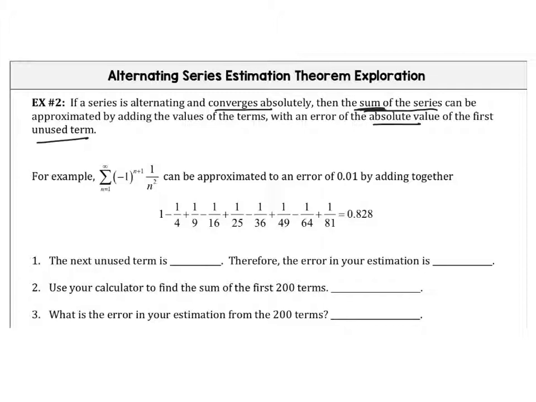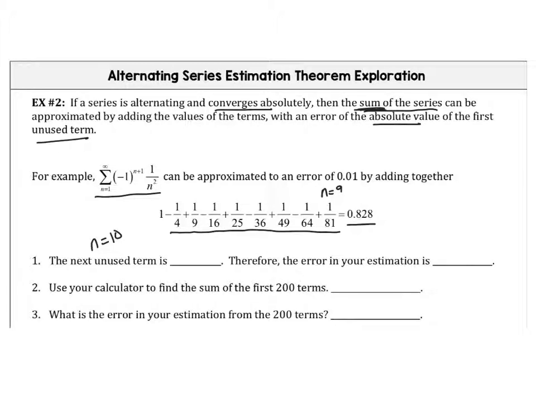Let's see, we've got the series here, and notice how I have all of those terms strung out, and that sum is 0.828. So what would be our next unused term? It looks like the last term here is when n was 9, so my next unused term would be when n was 10. For that, we're going to have negative 1 to the 10 plus 1.